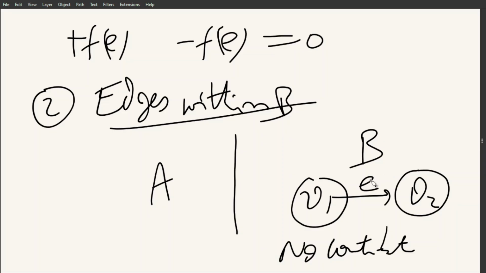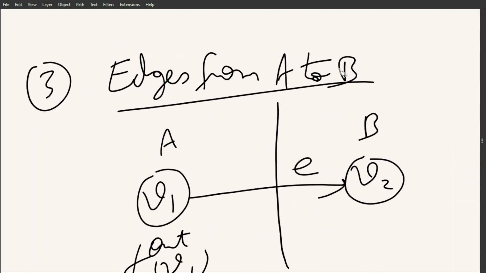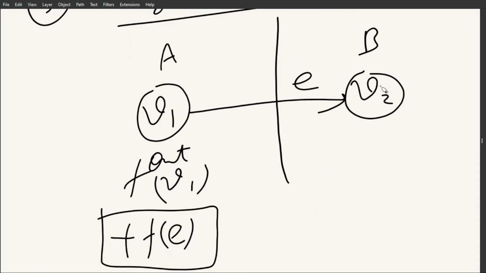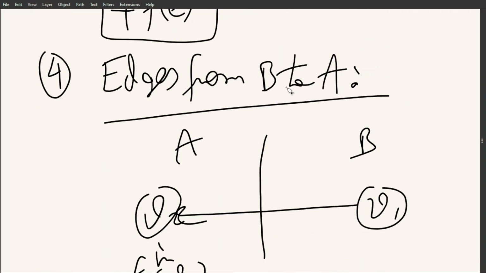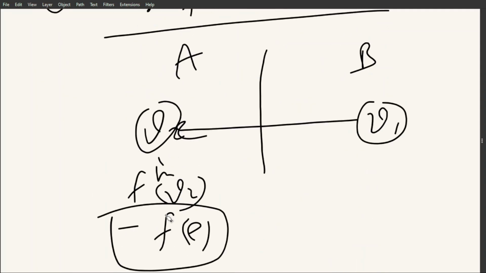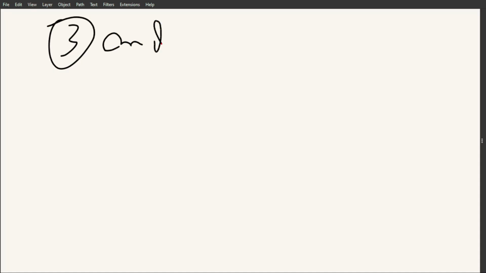Edges within B, no contribution because these are not counted in the sum. Third, edges from A to B: no contribution from V2, from V1 we have plus Fe because we have F out. Now edges from B to A: we have only the incoming F in of V2 and it has a negative sign, so we have minus Fe. So now what we observe, using equation 3 and the above observations.